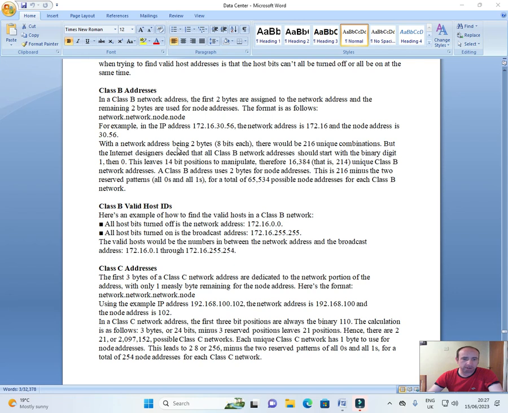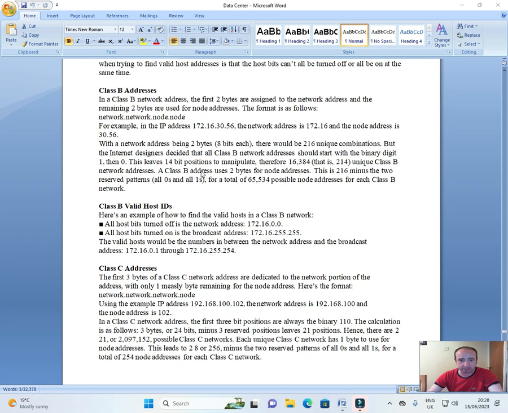With a network address being 2 bytes, 8 bits each, there would be 2^16 unique combinations, but the internet designers decided that all Class B network addresses should start with the binary digits 1 and then 0. This leaves 14 bits to manipulate. Therefore, there are 16,384, that is 2^14, unique Class B network addresses.